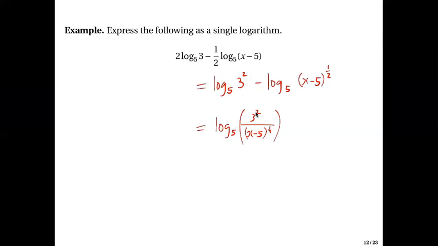And then you can convert 3 squared to 9. Correct? So you can have your final answer written this way, or you can have log base 5 of 9 divided by x minus 5 raised to 1/2. So either one should be fine.